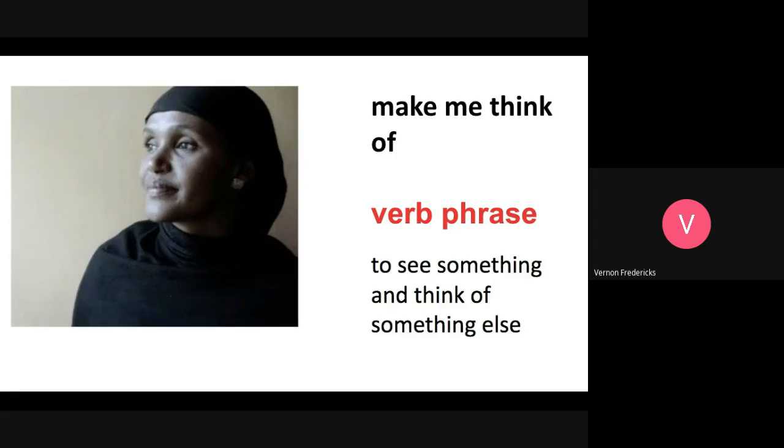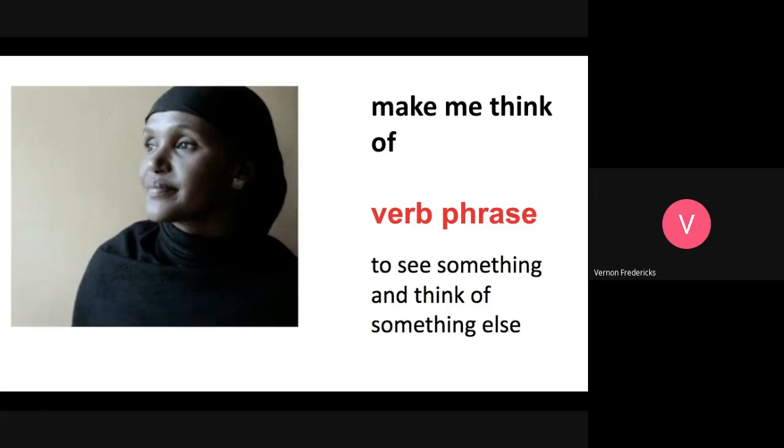So when they do something, it makes you think of your other friend, maybe. This is what it means. It is something that reminds you of something else, or maybe someone else.